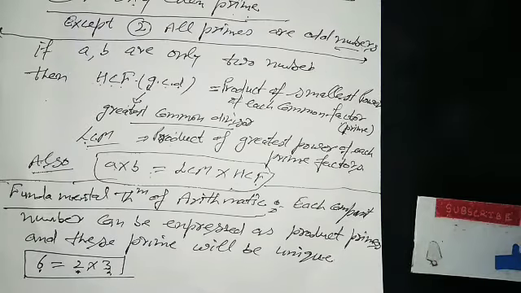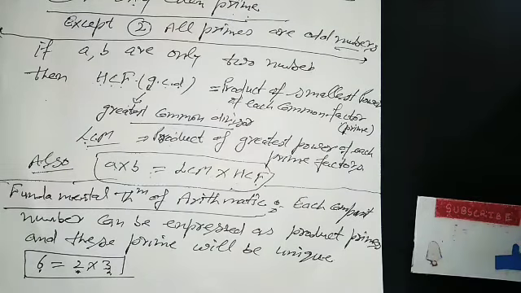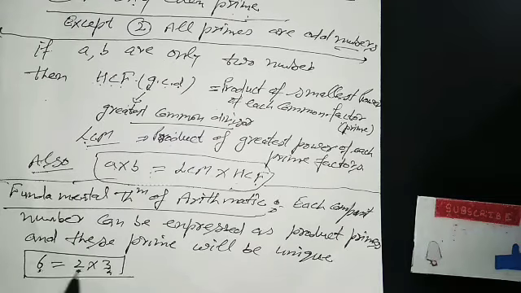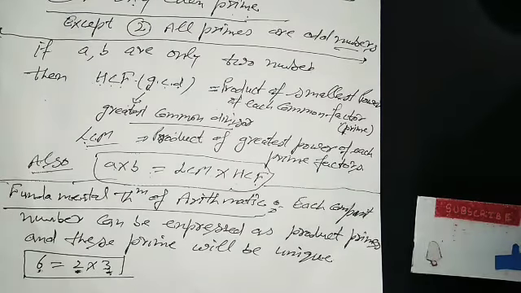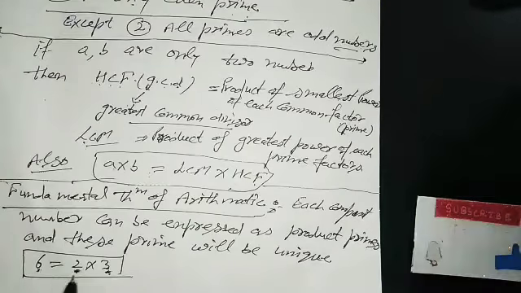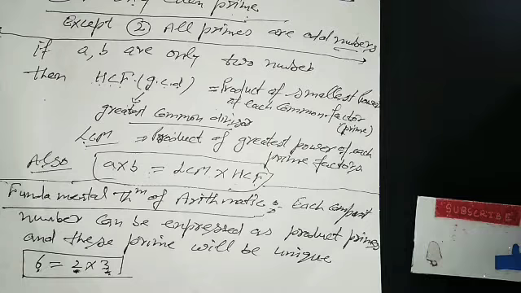No. So this is the property. What does the property say? It says every composite can be written as product of prime factors, and these prime factors or this representation will be unique. Unique means there is no other prime factors by which this number can be represented. Okay, this is the definition.